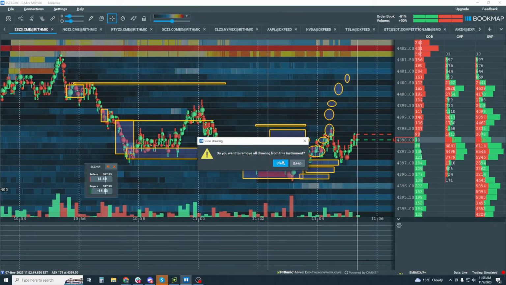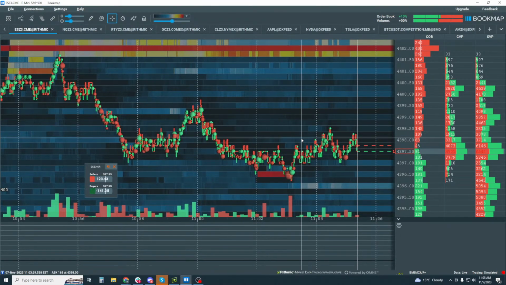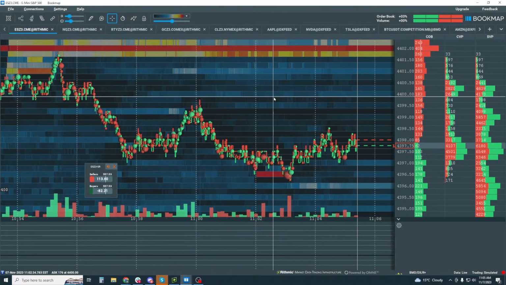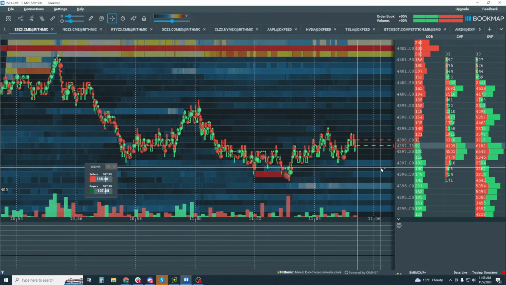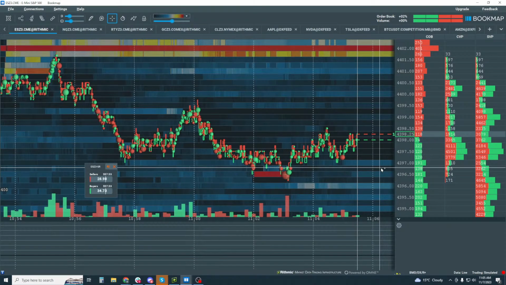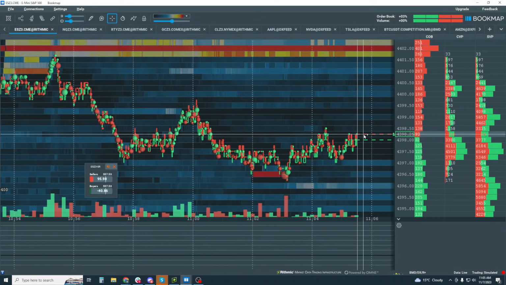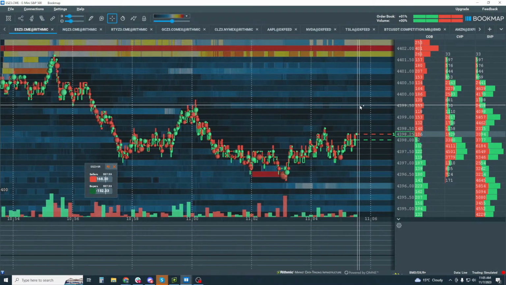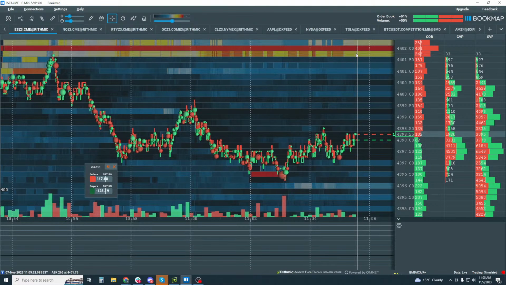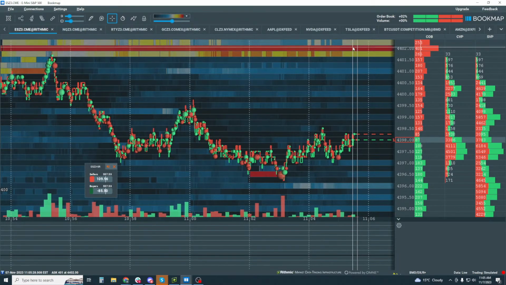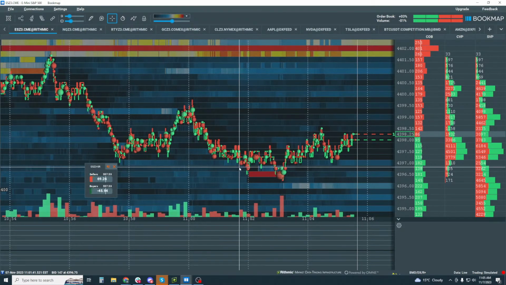Let's clear our drawings. Book looks good. Buyers in the move. This will be the first stop here, but I really like the figure in 02, basically.